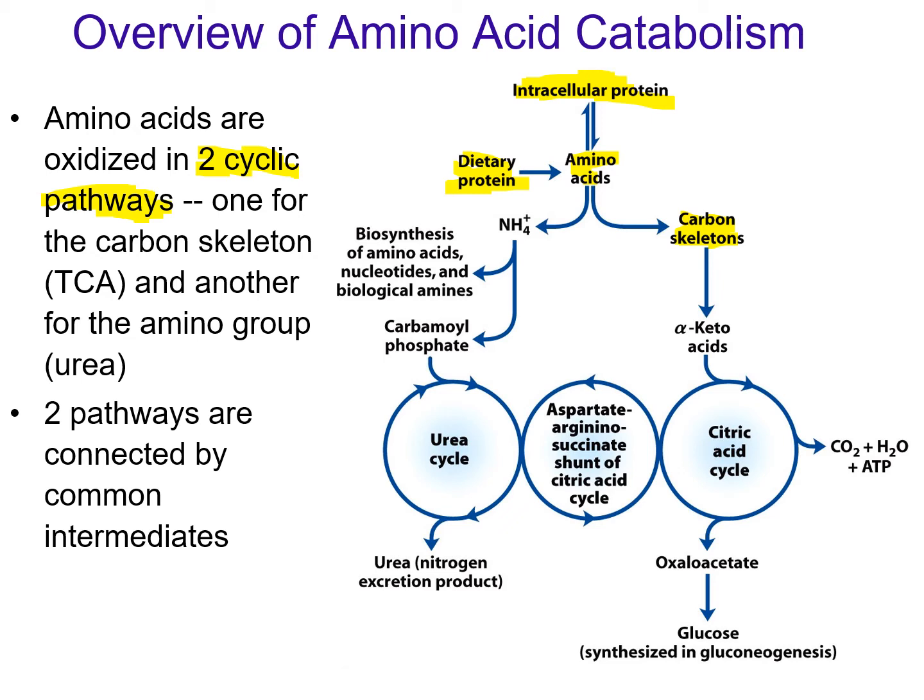That ammonia can also be utilized to synthesize, we'll talk about later, carbamoyl phosphate, and that enters the urea cycle, and then it gets excreted as urea. And so our amino acids have two fates because they're broken down into ammonia and a carbon skeleton. And the ammonia, or the amino group, is excreted from the body.